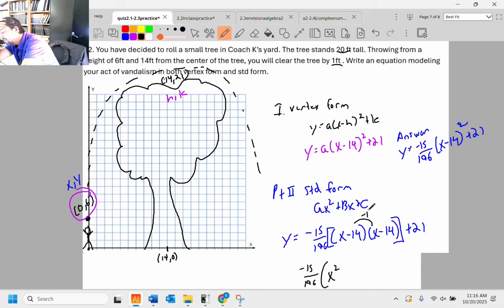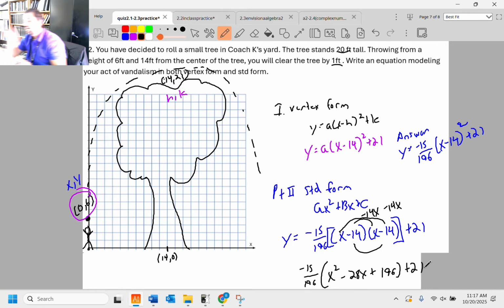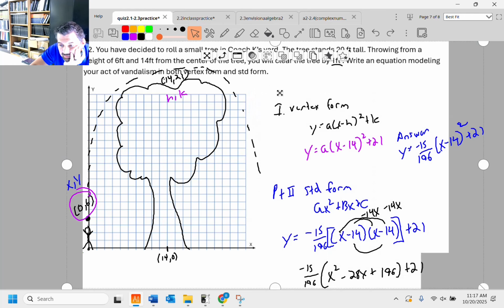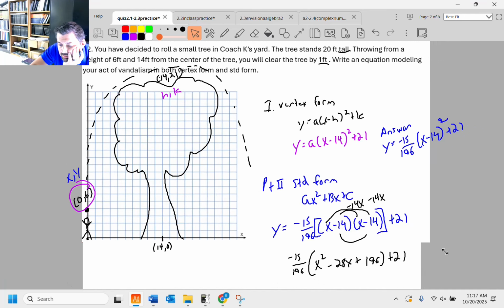The inside is going to make negative 14x, as is the outside. And if we add those, it's minus 28x. And then negative times negative is a positive, and 14 times 14 is 196. We've already been through that. And then plus 21. Now, do not be the kid that adds 21 and 196 yet. First thing you have to do is distribute this negative 15 over 196 in. So sadly, there's a little more work here.